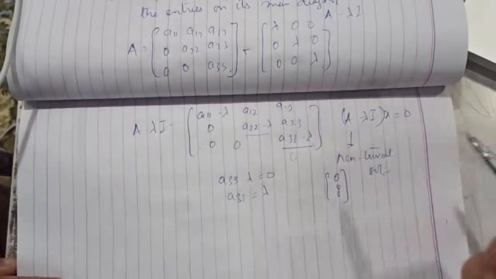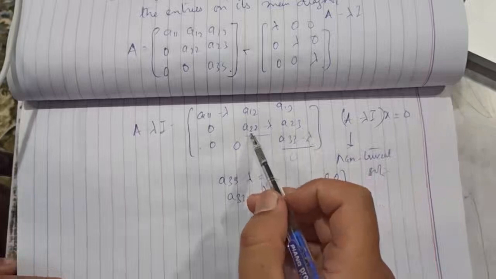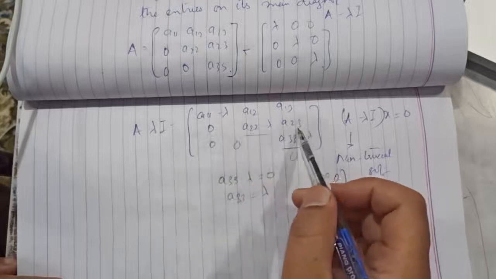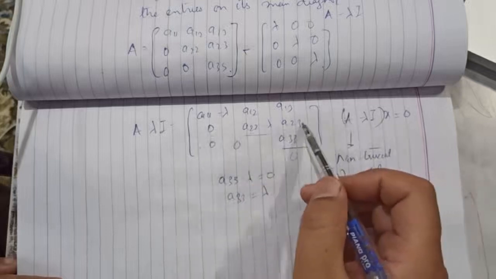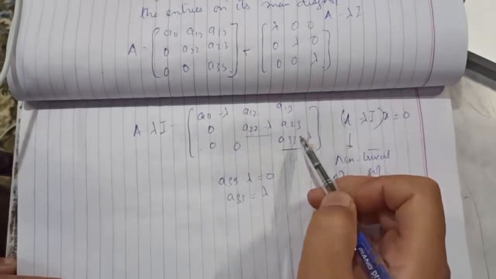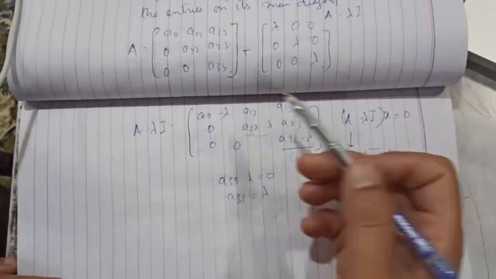And again, if this becomes 0, I don't have this equation to work with, I only have the equation with x3 equal to 0. It means if x3 is 0, this is 0, and so on and so forth.